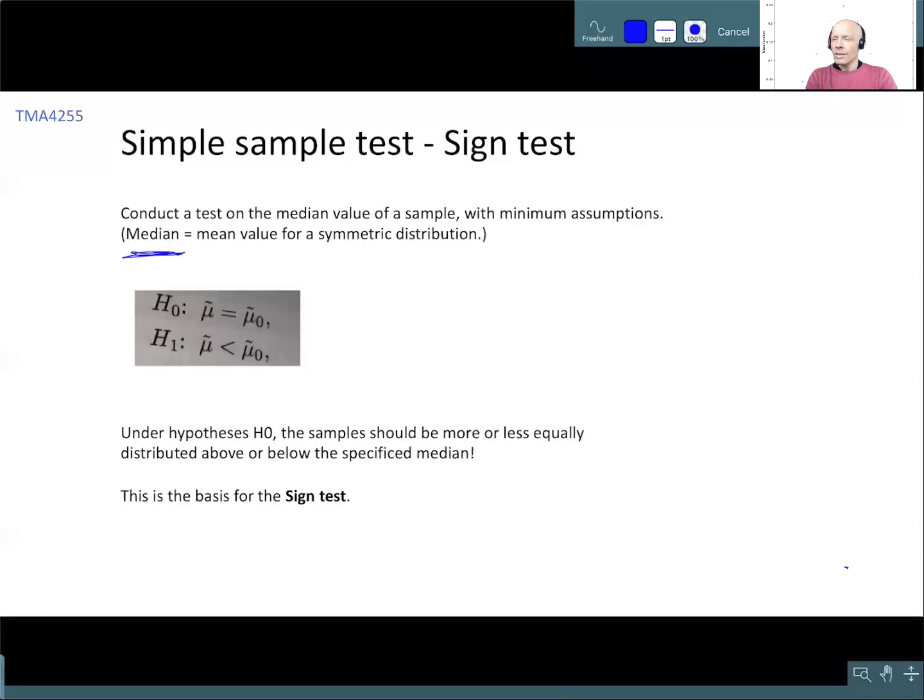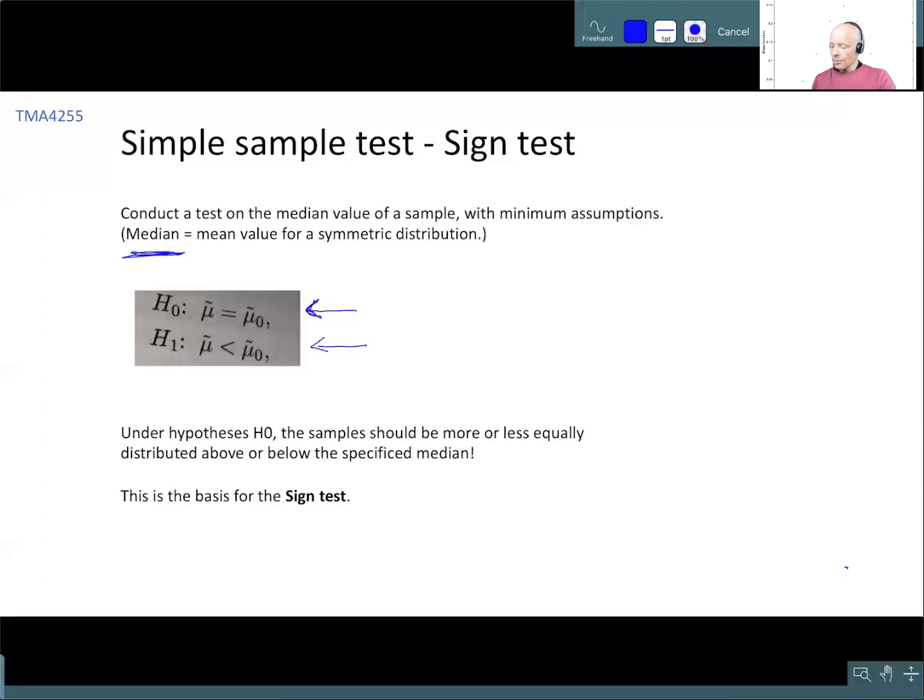In a single-sample setting, so no two-sample setting here, we have a hypothesis saying that the median is equal to some specified value, mu0 tilde. Under the alternative hypothesis, we say that the median is smaller than this specified value, or it could be bigger, or even a two-sided test.